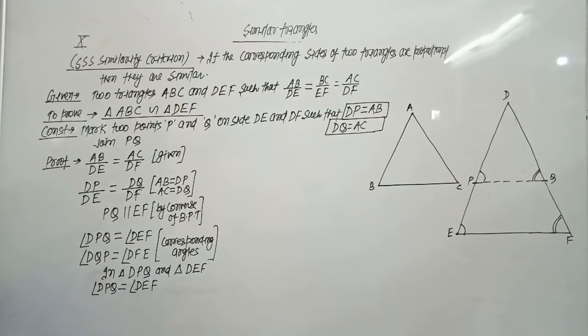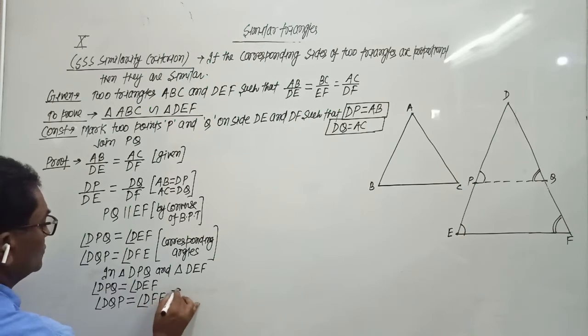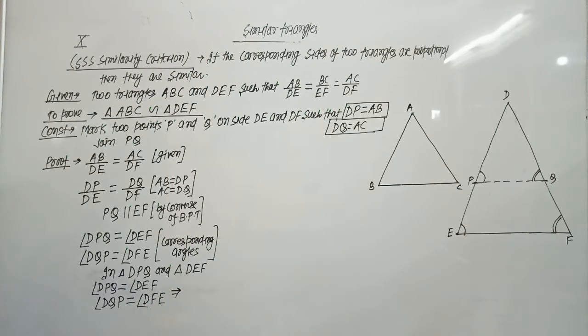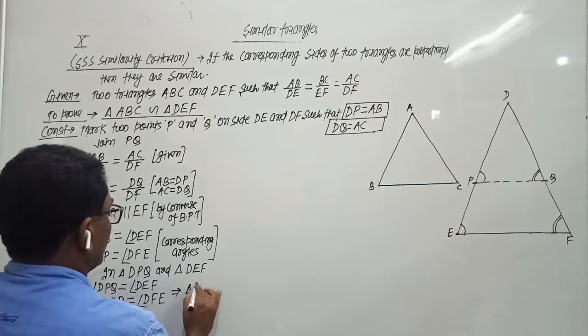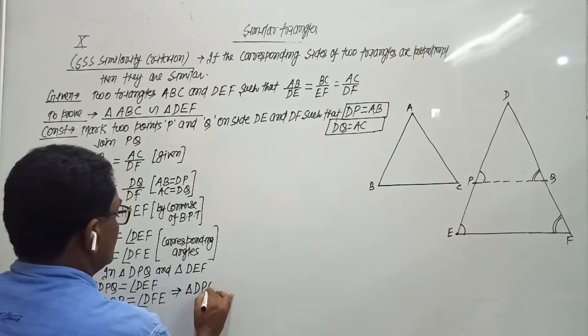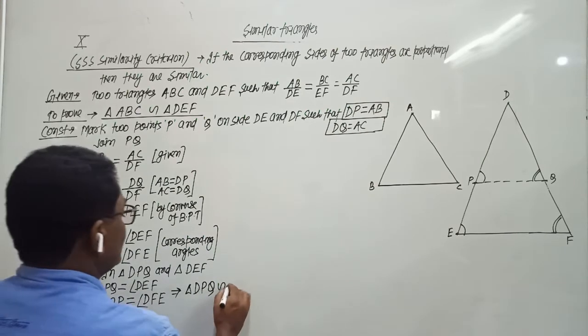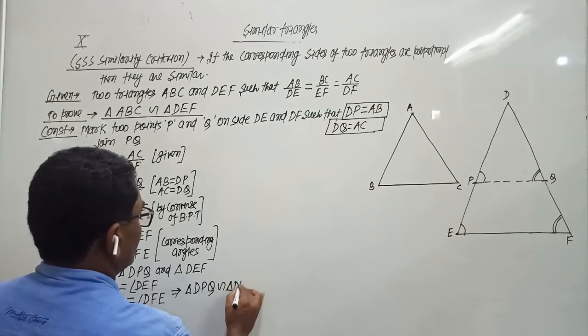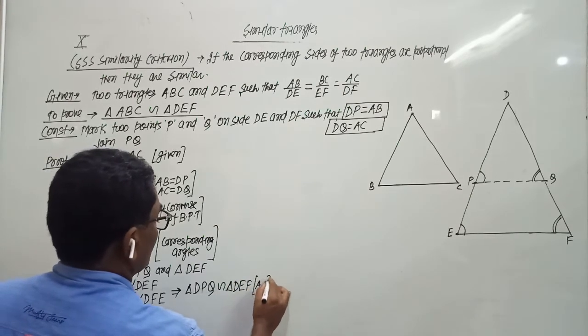So angle DQP is equal to angle DFE. So we conclude that triangle DPQ is similar to triangle DEF by AA corollary.